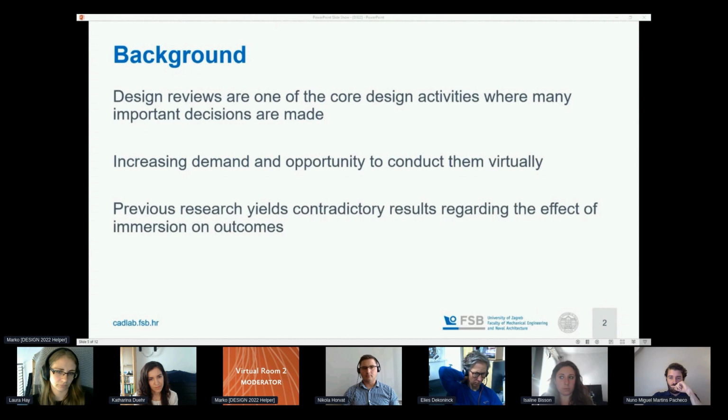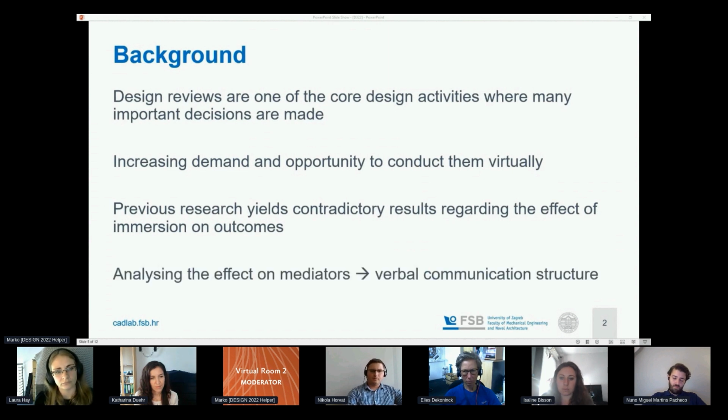Considering immersion, previous research did not really reach a conclusion regarding its effect on outcomes, as some researchers got improved and some worsened reviews. Moreover, there is lack of research regarding team-based reviews, especially those where each user can manipulate their view. Hence, we decided to investigate mediators that might potentially affect outcomes.